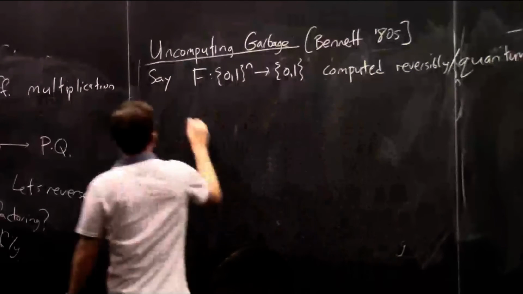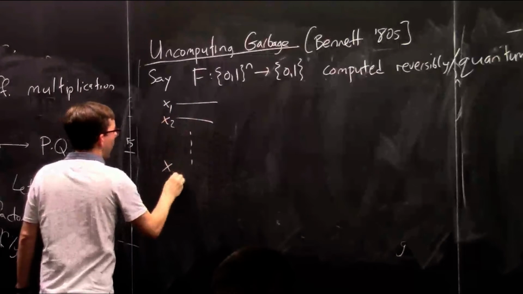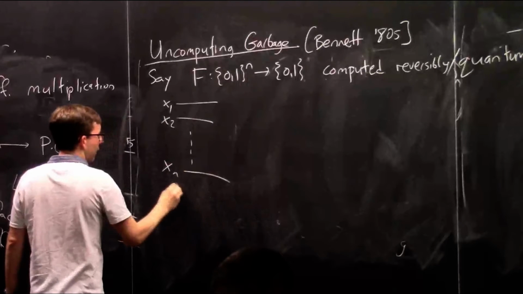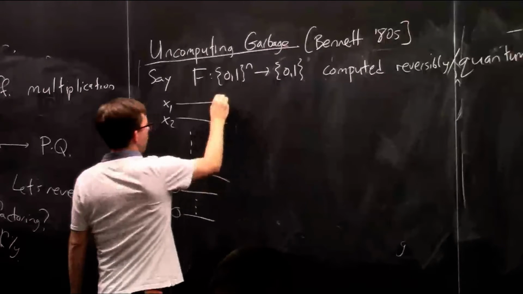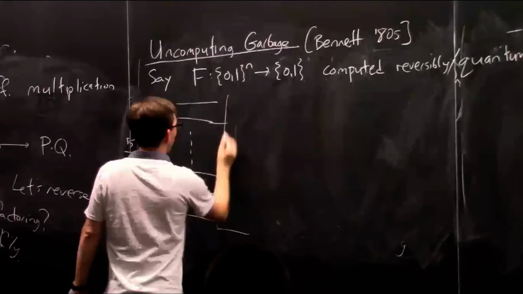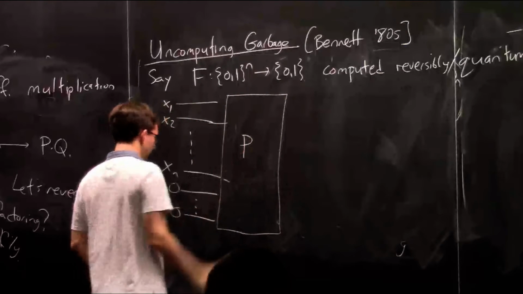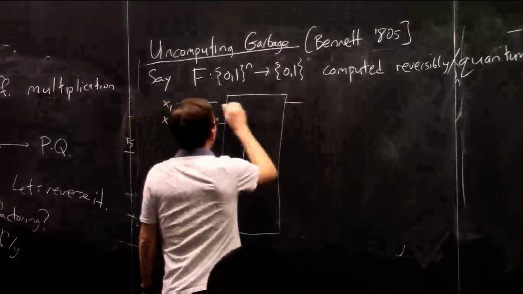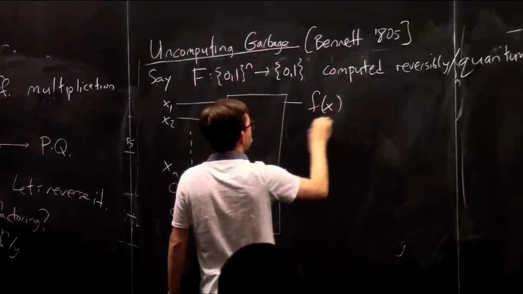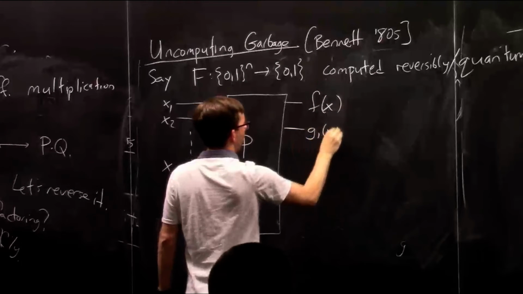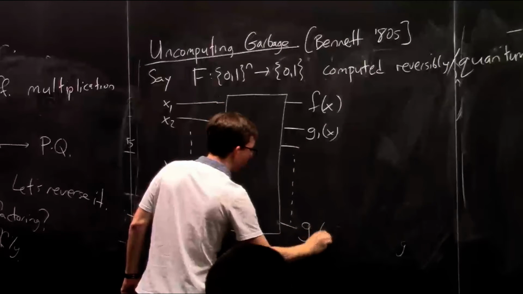It looks like this, and then you've got some ancillas. Really, I'm just going to package all the gates together into one gigantic circuit, which I'll call P, perhaps because it's a permutation. Then you get the output bit here, f of x, and you have these garbage bits that you don't especially care for.